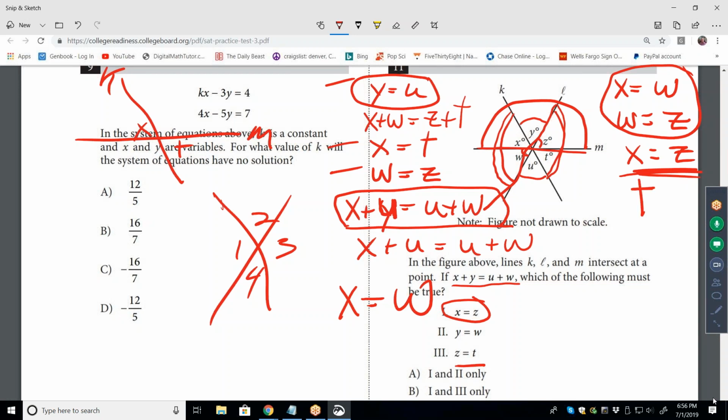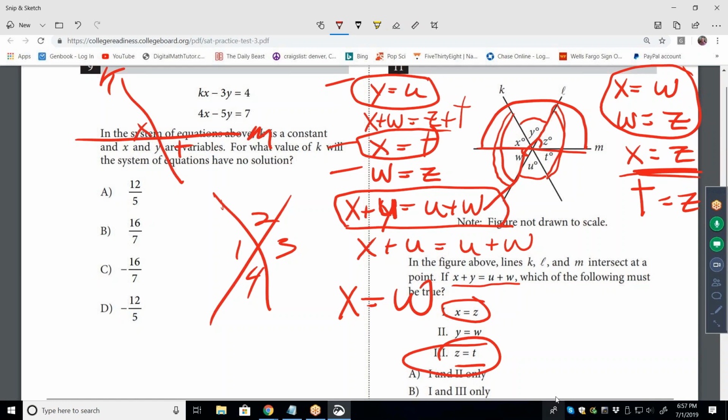If x equals z, then here I know that x equals t, so I'm going to substitute t for x. I get t equals z. Well, that's right there. There's t equals z. So for the moment, the only two that I know to be true are those two.